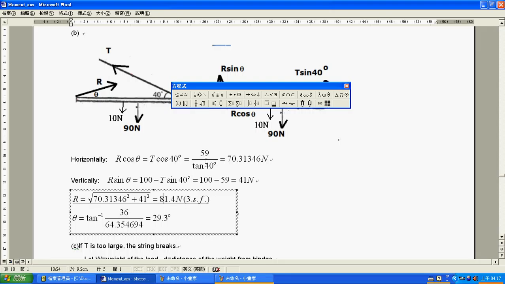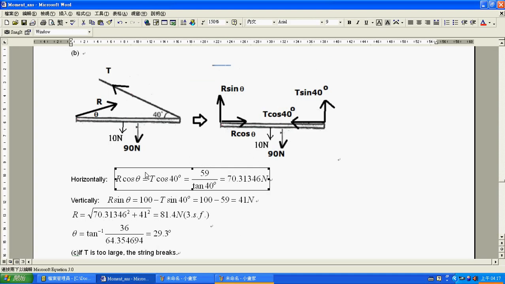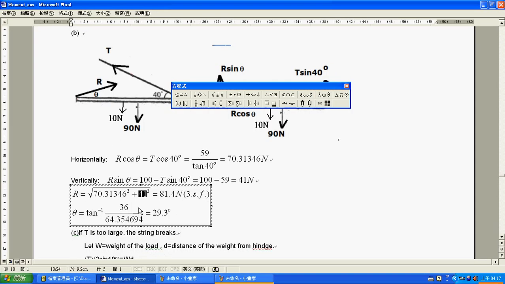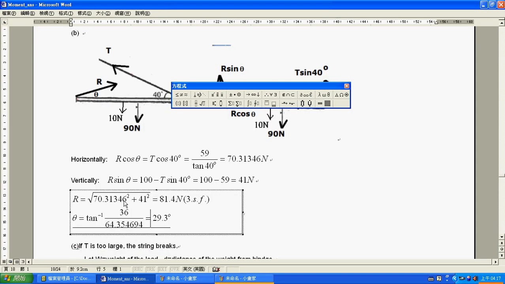Alright, and the angle theta should be the y component divided by the x component.